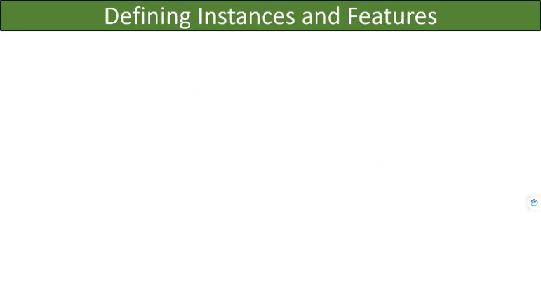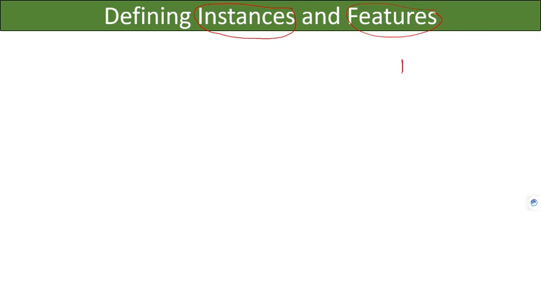So before going into detail, I just want to discuss some basic terminologies which you should know when you are implementing the program for building your machine learning model. The first thing is you should understand the meaning of instances and the meaning of features.